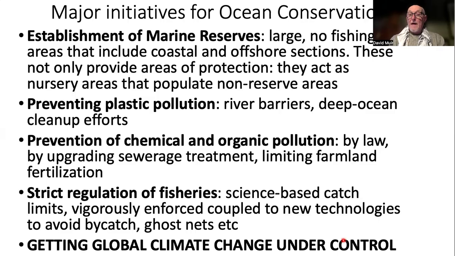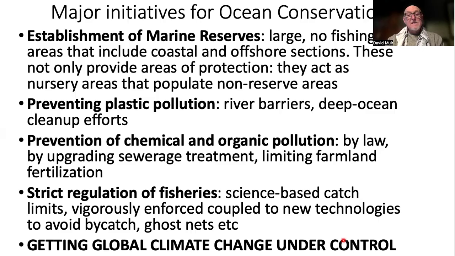Chemical and organic pollution should be controlled by a mixture of law and of education. The first major source of organic pollution is poor sewage treatment, putting into rivers and directly into the sea poorly treated or untreated sewage, which is extremely rich in nitrogenous and phosphate products.